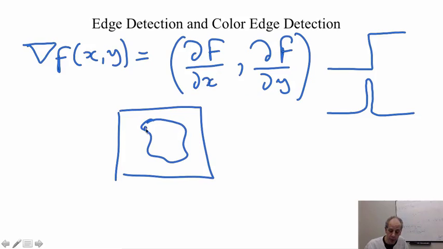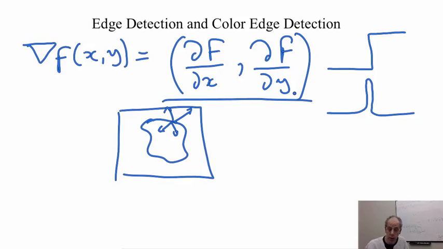So when you're sitting, for example, on an object, and you say, where should I go to have the maximal change in my pixel value? That is the gradient direction. This gives you the direction of the maximal change in your image. So it's a very, very interesting object.